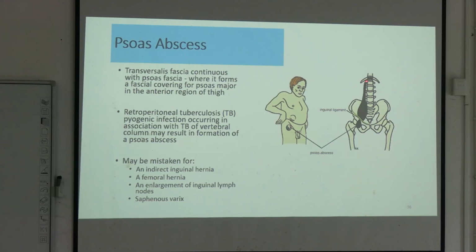We call this tubercular pus, and if it occurs in the lumbar region, affecting the lumbar vertebrae, the pus may trickle down because of gravity, following the psoas fascia, through the posterior abdominal wall, then moves to the anterior abdominal wall, and then settles down in the groin region.